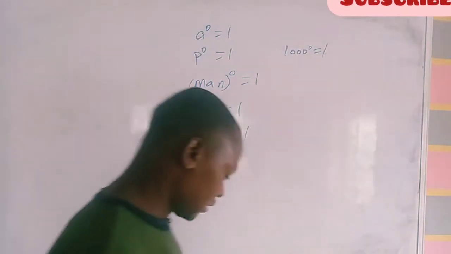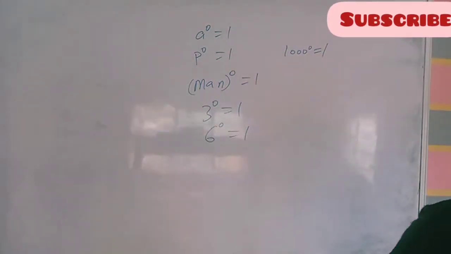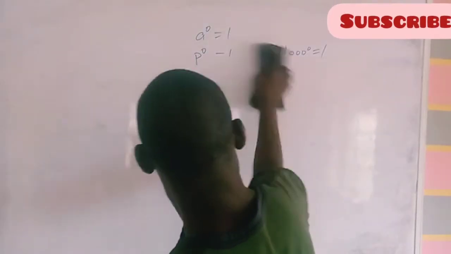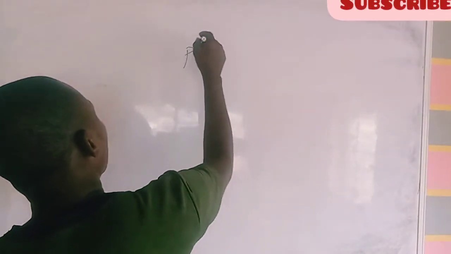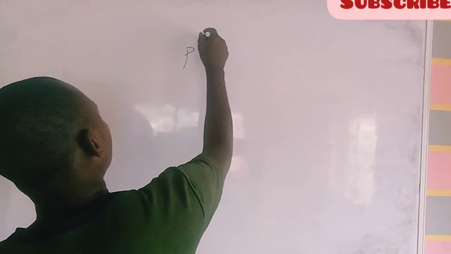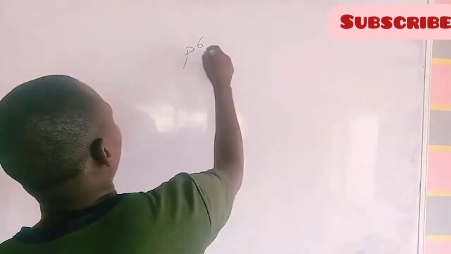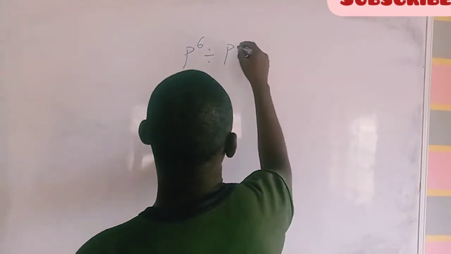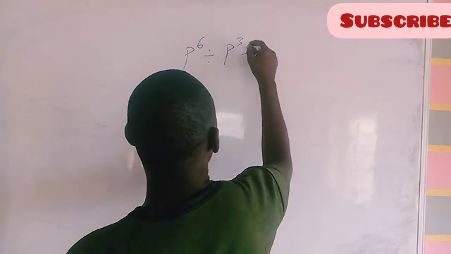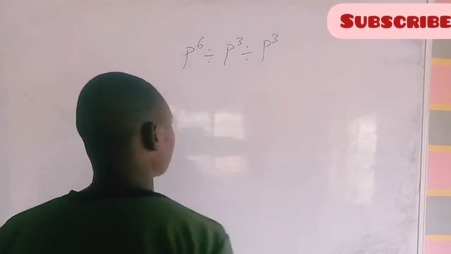You can see it in this example. P raised to the power 6 divided by p raised to the power 3 divided by p raised to the power 3.